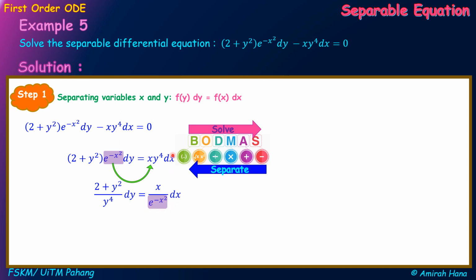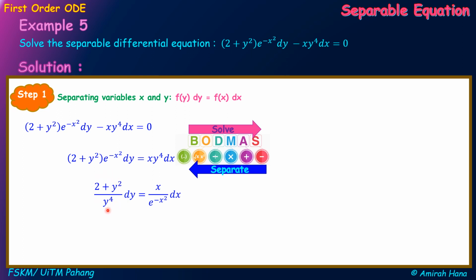Then we want to write y on the left hand side, so we can move y to the power of 4 to the left hand side. So we get over y to the power of 4. Up to this point, we are done separating variables x and y.